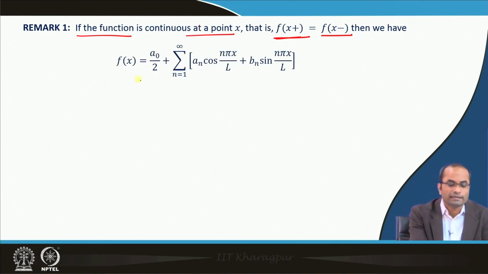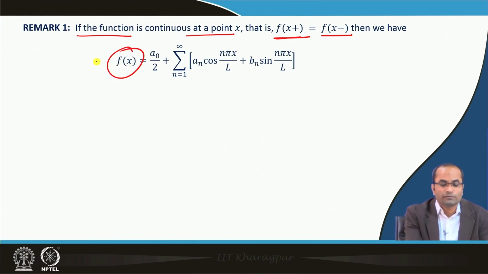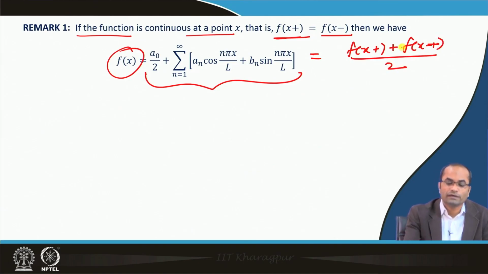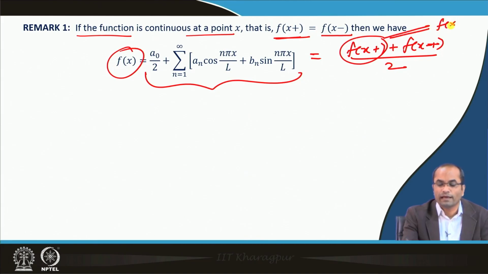In that case this series will converge not to the average value, f x plus plus f x minus divided by 2, but since the function is continuous, this will be equal to f x, and this will also be equal to f x. So, we have 2 times f x divided by 2, which is simply f x.